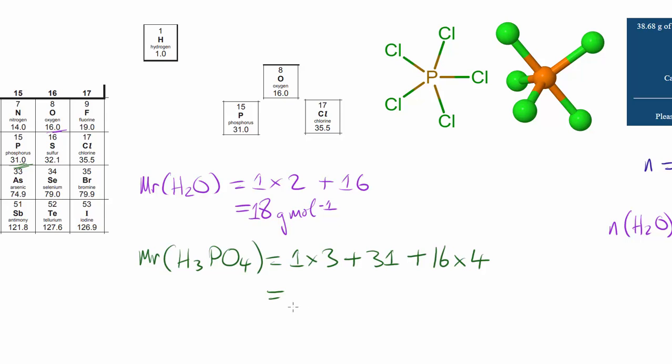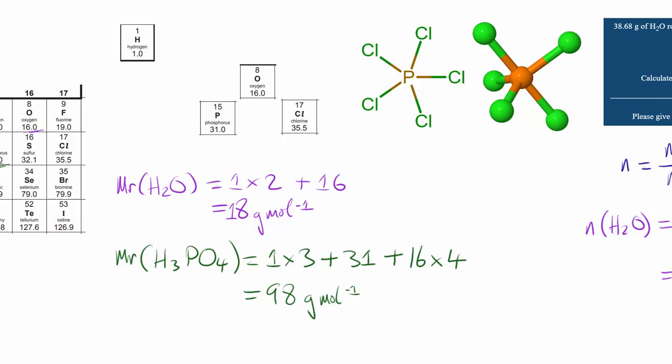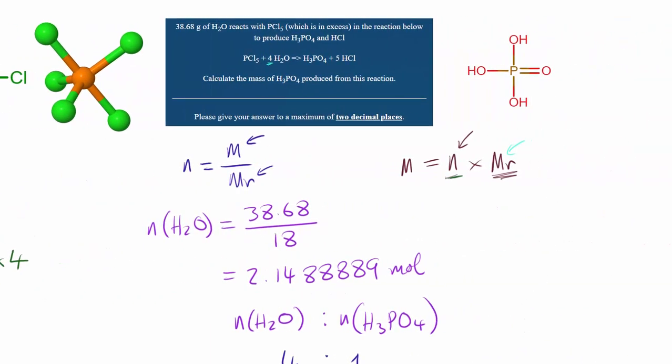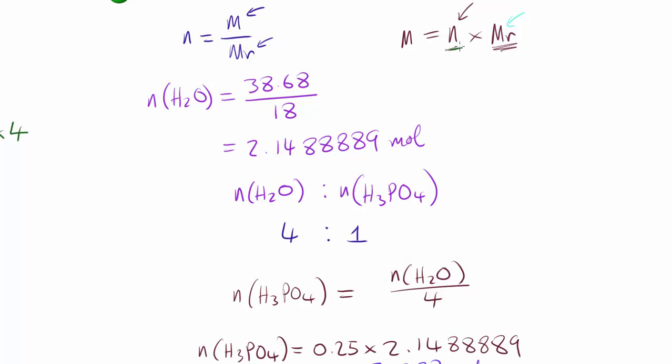If you work that out, you should find that it equals 98 grams per mole. So we've got the molar mass of H₃PO₄, and we've got the moles of H₃PO₄. The next step is simply to multiply the two as per this equation, and this will tell us the mass.